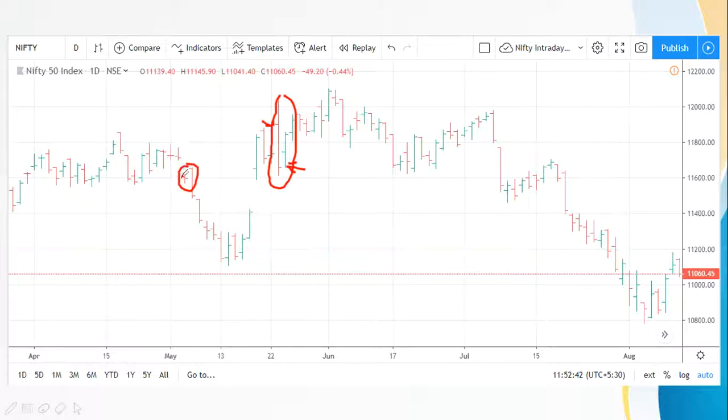this small bar, which almost looks like a plus mark, shows that the specific movement was almost negligible. And here is one more example of this.